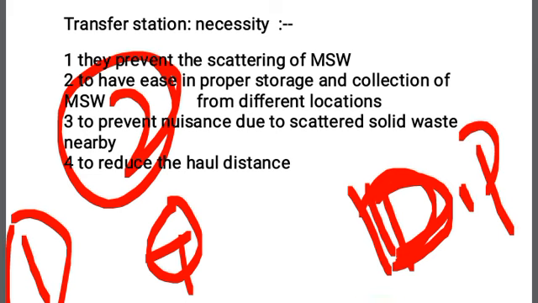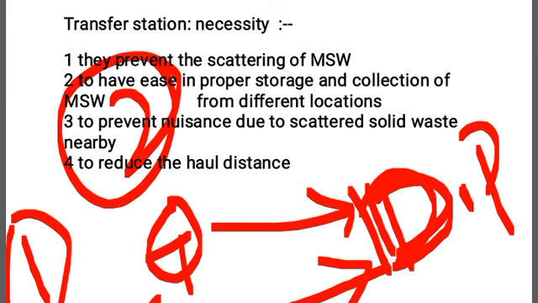Suppose there is no transfer station, then we have to directly carry this waste generated from the source to the disposal plant. Due to this, the transfer station is provided to reduce this hauling distance.